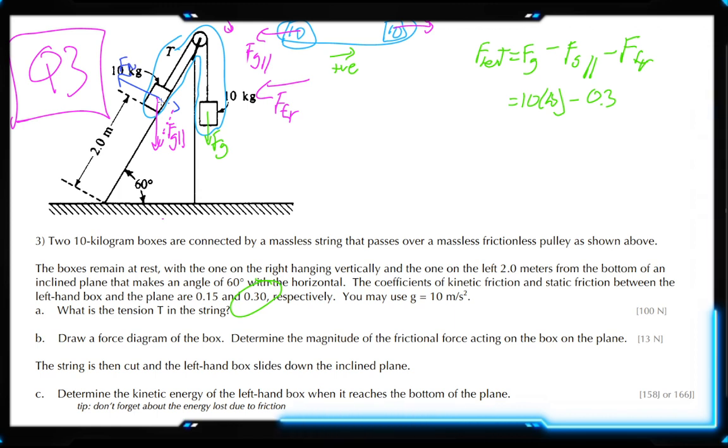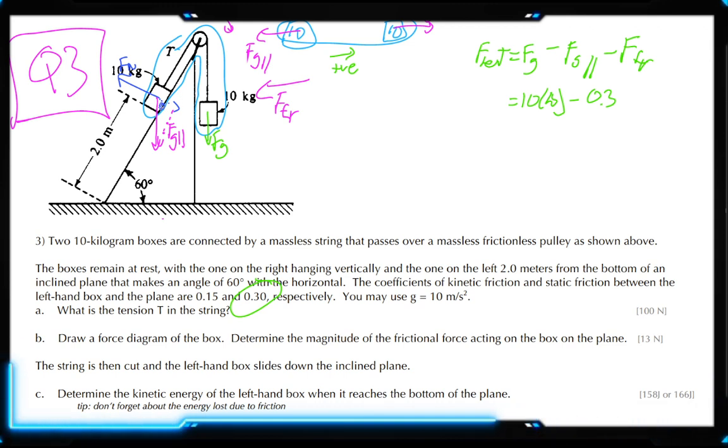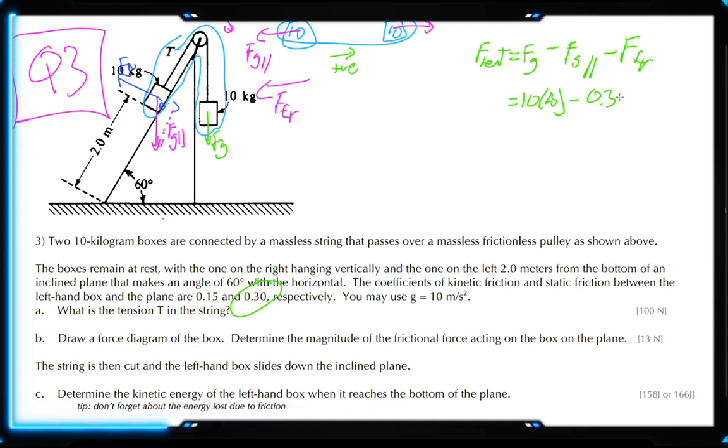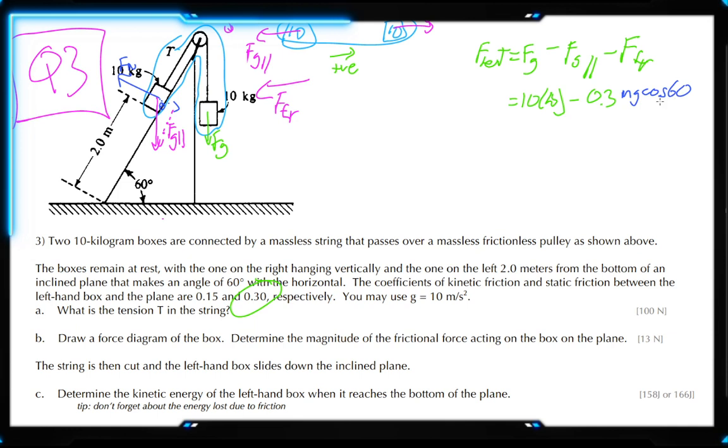And so if I put my theta 60 here, this dotted line is the adjacent side, the cos. So that component there is going to be mg cos 60. That's the friction force, and then I minus the parallel force.